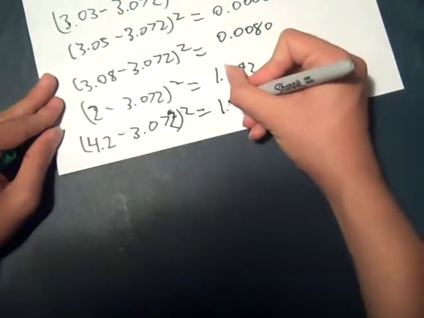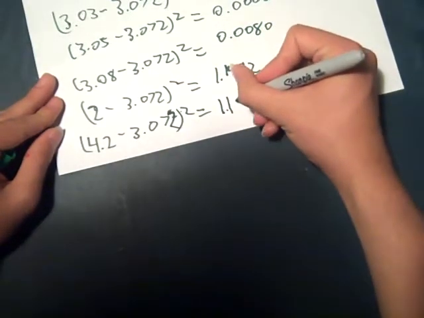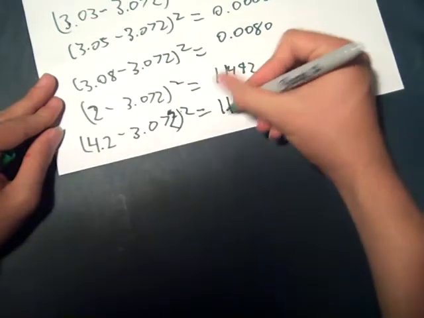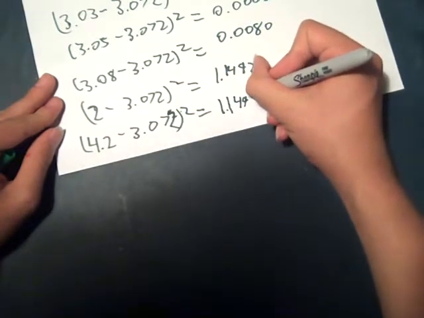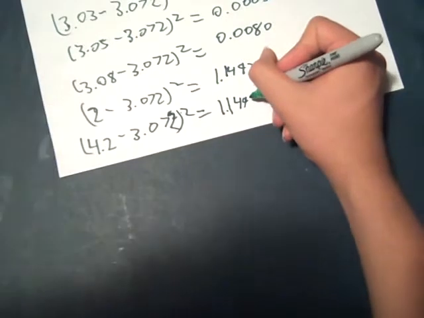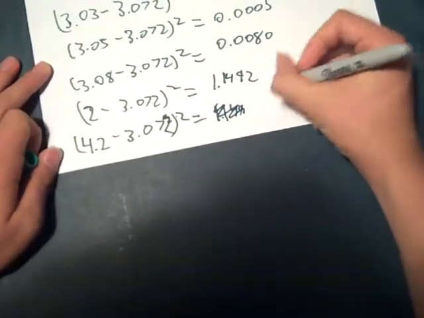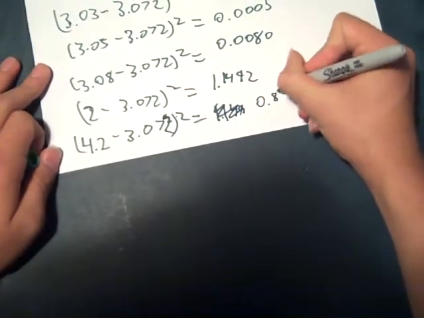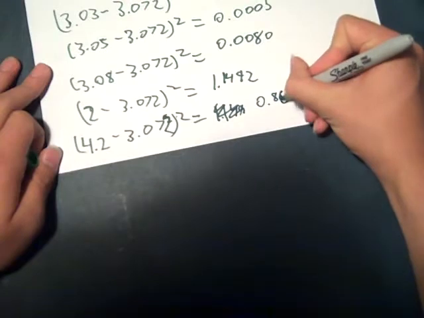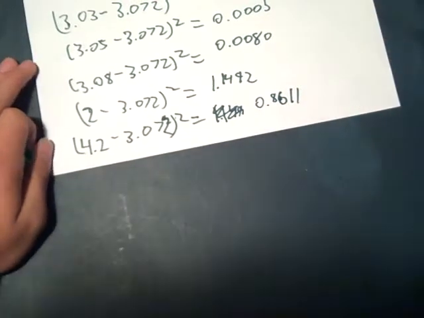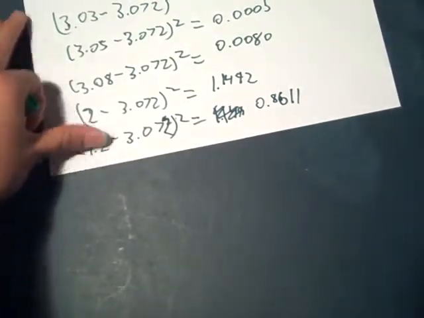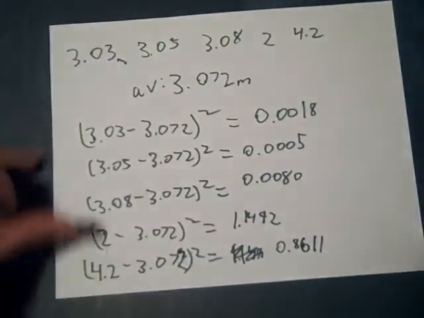Got a bit ahead of myself there. Oh, right, that's the last one, sorry. That's a 6. Okay, so, oops, that paper got out of the shot a bit.